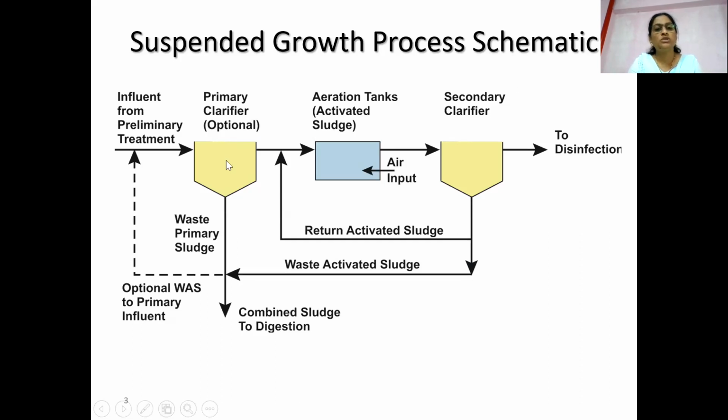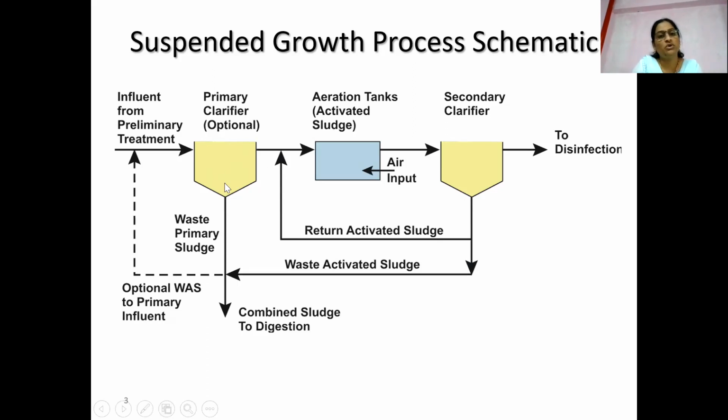But those whose density is very low and particle size is very small, or sometimes organic matters that are in a dissolved form, will not be removed in a primary sedimentation tank or primary clarifier.